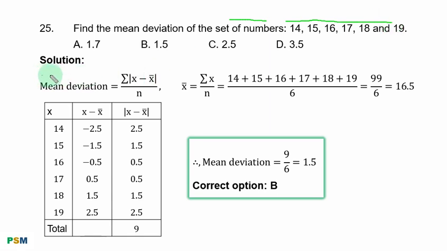Solution: mean deviation is equal to the summation of the absolute value of S minus S bar, over N. S bar is needed, which is the mean. The mean is equal to summation S over N. You add all the numbers, they are 6 in number, divide by 6.